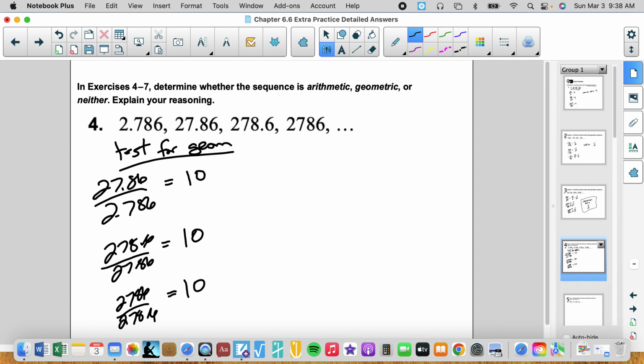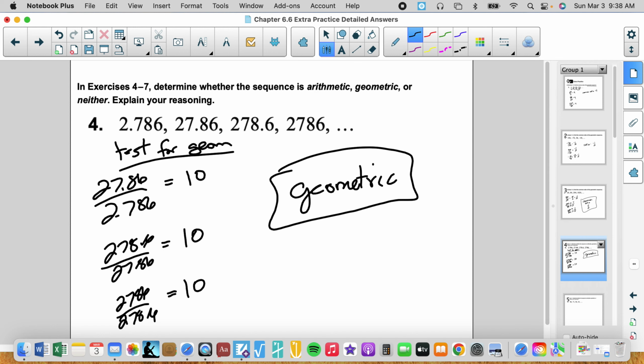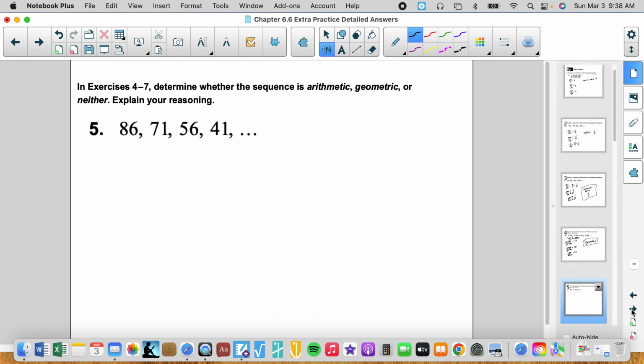So this is a geometric sequence because it has a common ratio. If we multiply each term by 10, we get the next term in the sequence.